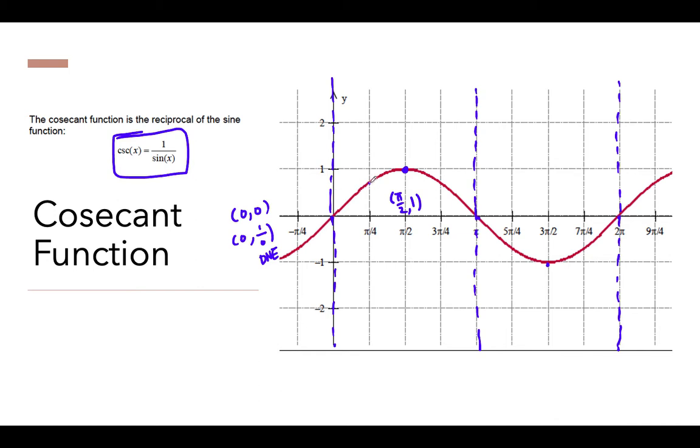If I do 1 over 0.75, then you get 1.33. So it comes over here. Same thing, because it's symmetrical like this. If I take the reciprocal of all the points in between, for example around pi over 4, it's going to get higher.